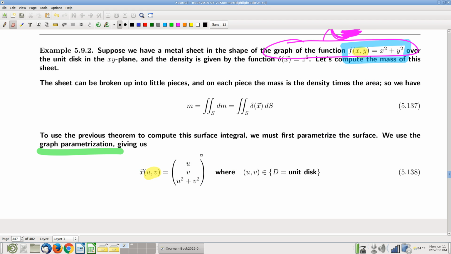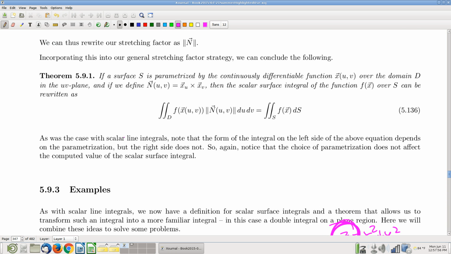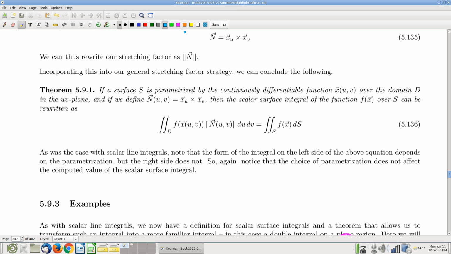Okay, so having our parameterization, now we're just going to follow the rules up here. The rules say we're going to take our parameterization, take partials of it with respect to the parameters, take a cross product to get our N vector, and then take the magnitude.